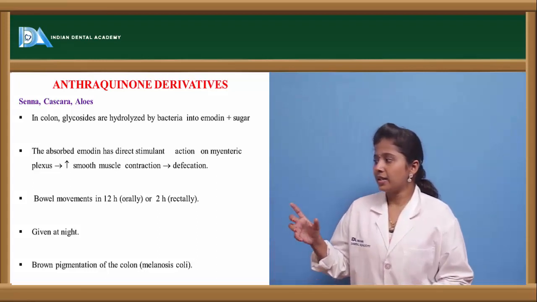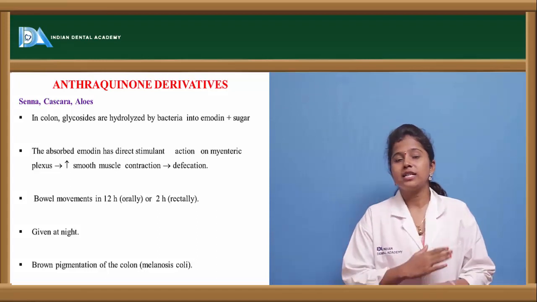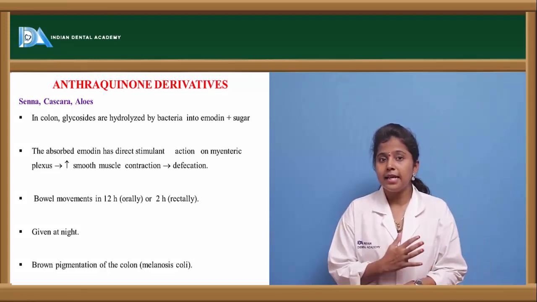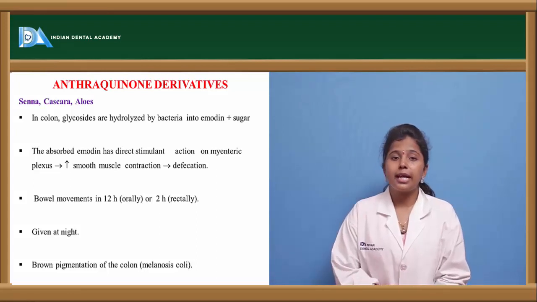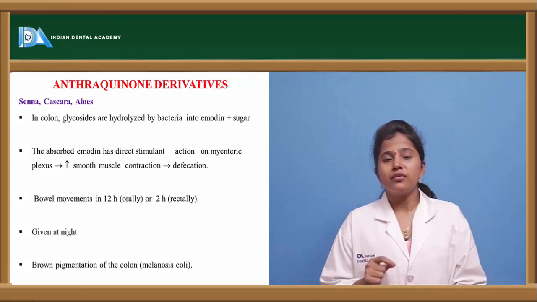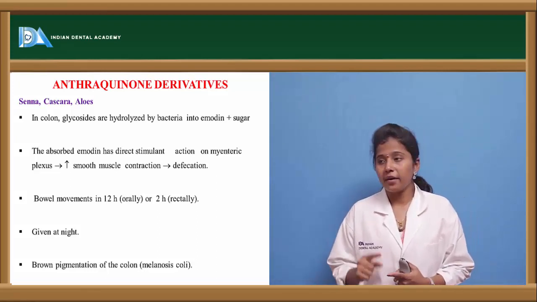So these glycosides, when they enter the colon, get hydrolyzed because of the bacteria present in the colon region, and they release a compound called emodin. Emodin is one of the useful compounds which show purgation effect.